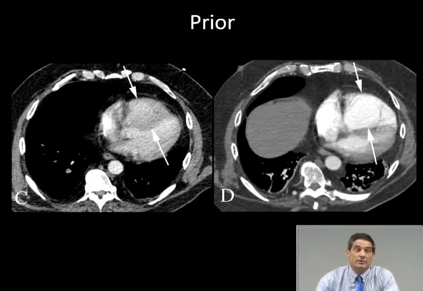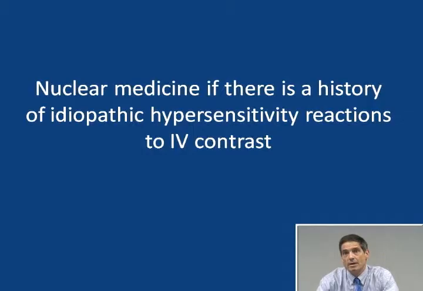Now, so CT angiography is your main study when you're looking for pulmonary emboli, but for those with a history of hypersensitivity reaction to IV contrast or renal failure, then you can use the ventilation perfusion lung study. This was long a mainstay of diagnosis, but it's sort of been supplanted by the CT angiogram now.